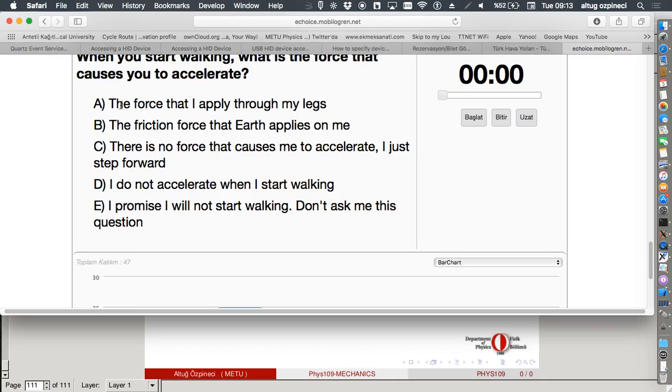Now, any other comments? Now, we will go back to the previous question. Why did you think that the friction force was in the minus x direction rather than the plus x direction?